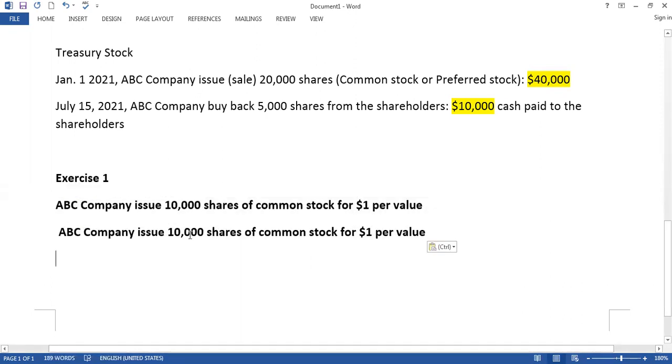ABC company also issues 10,000 preferred stock for $10 par value.